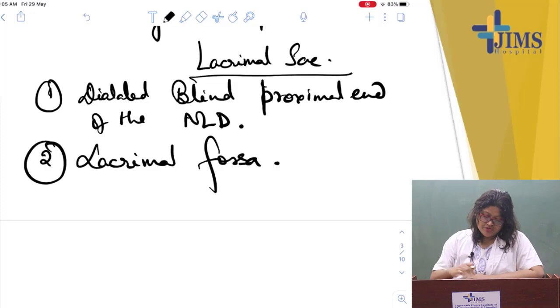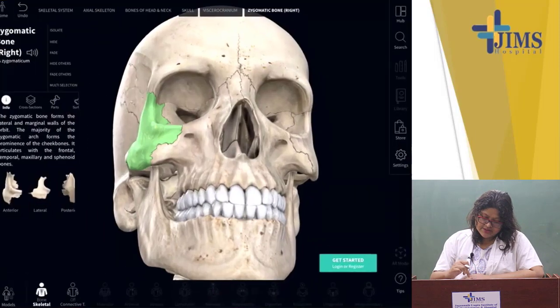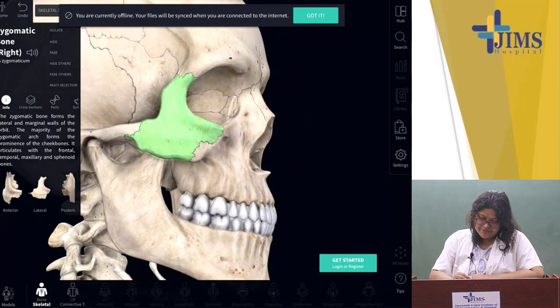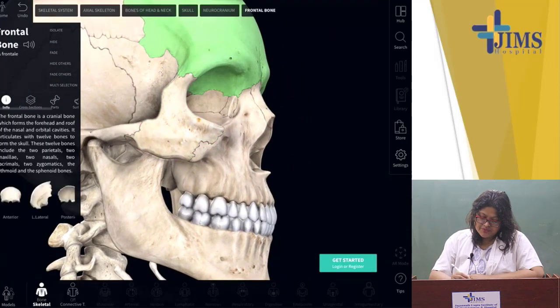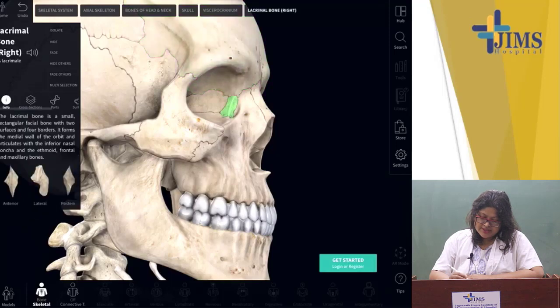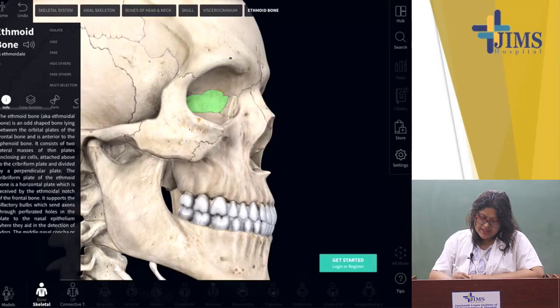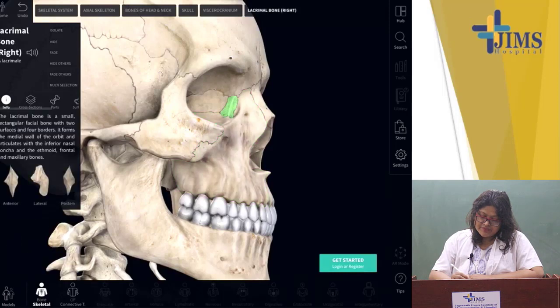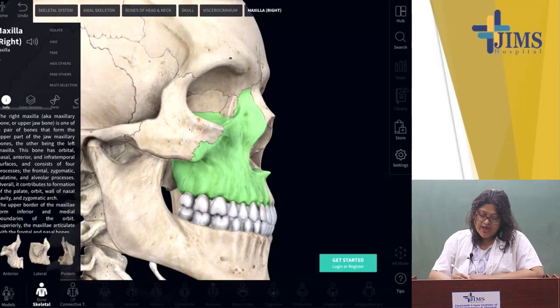So let's see the lacrimal fossa once. One is the frontal bone, this one is the lacrimal bone, and this one is the maxilla. At their junction we have the lacrimal fossa, where the lacrimal sac is placed.